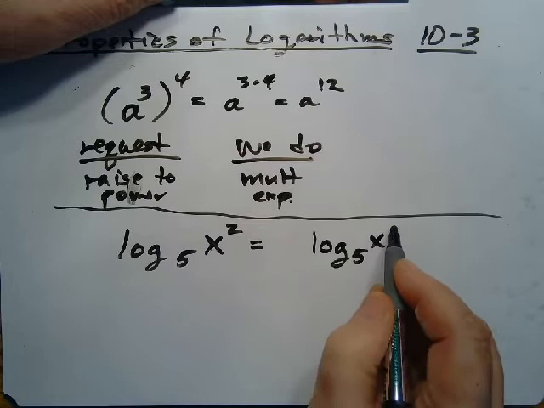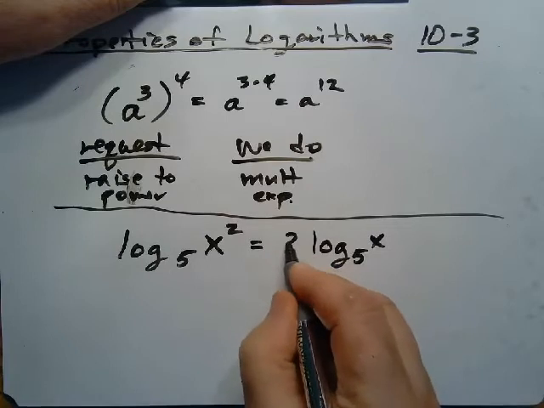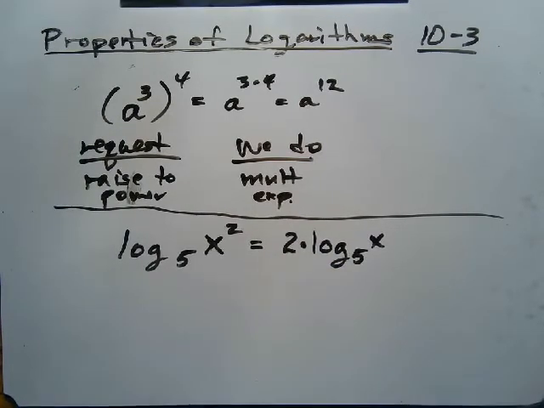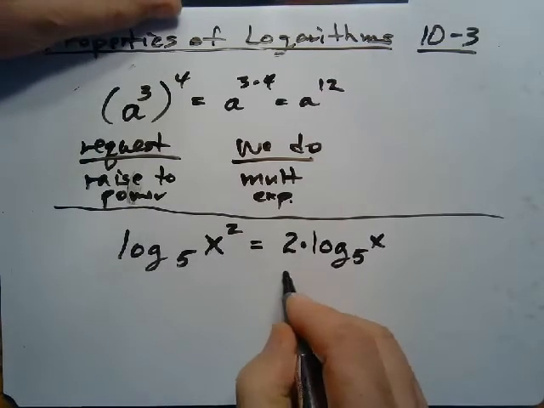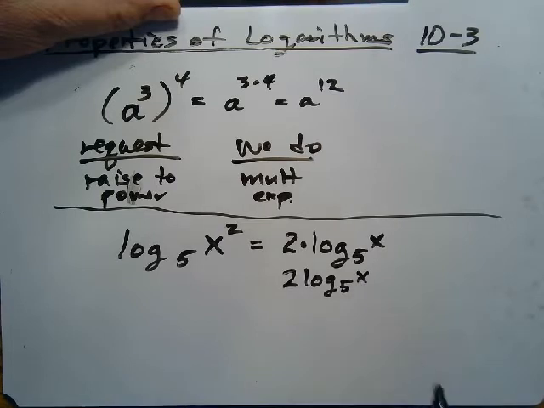I'm going to take that 2 and use it as a multiplier. I could put it on either side, but I'm going to put it up in the front, and I'm going to put a dot here for now, but eventually you won't need the dot there. 2 log base 5 of x.